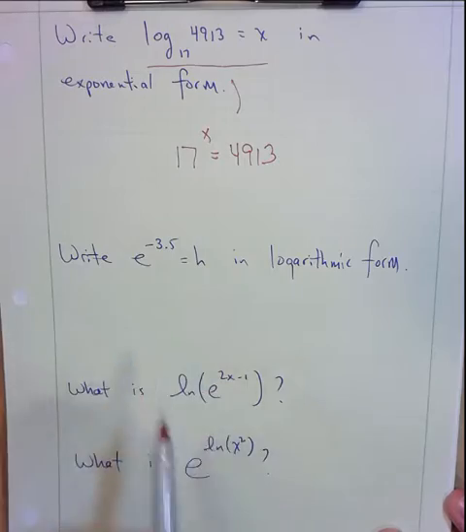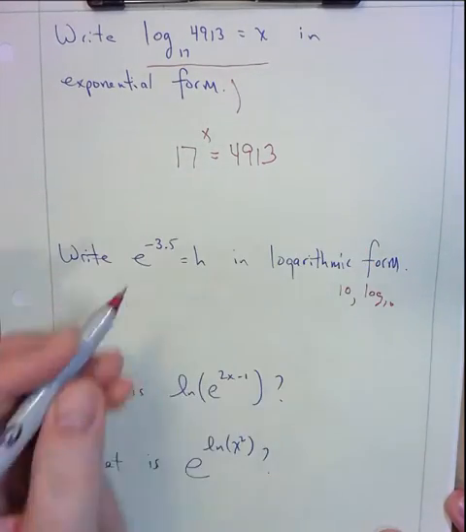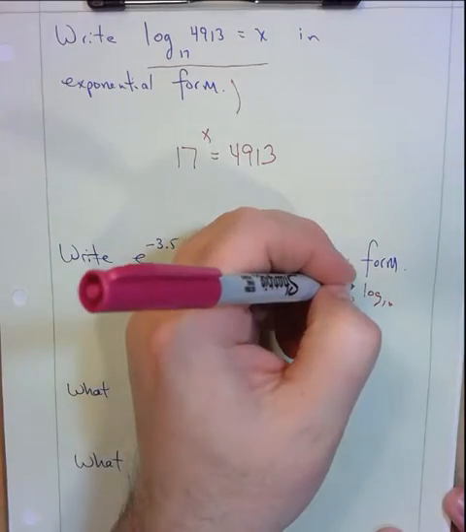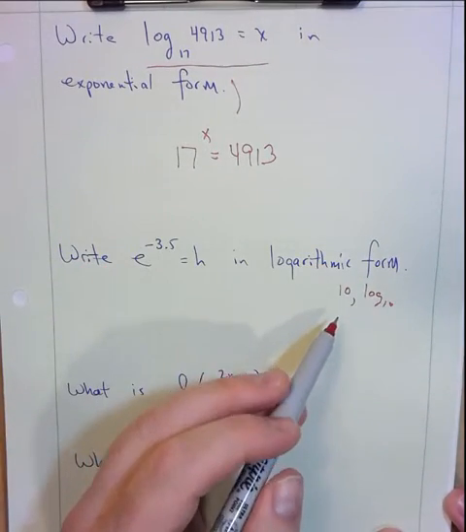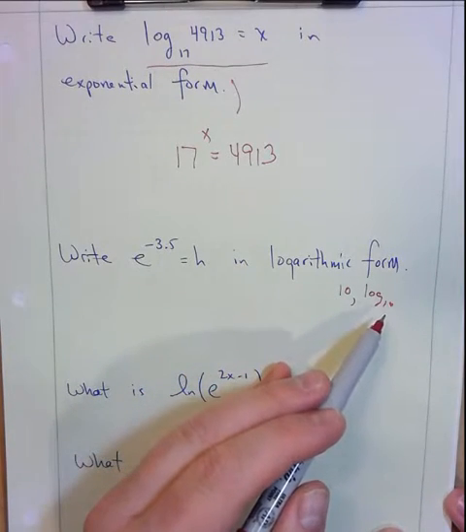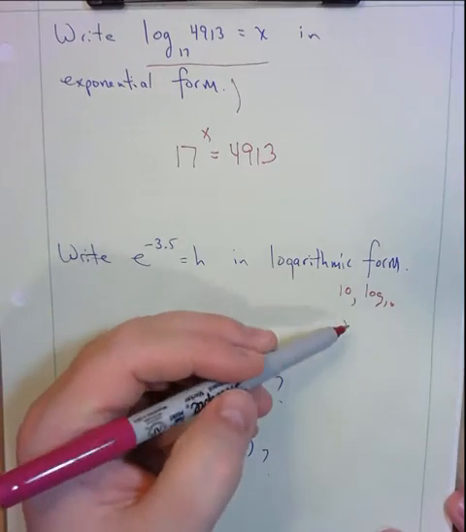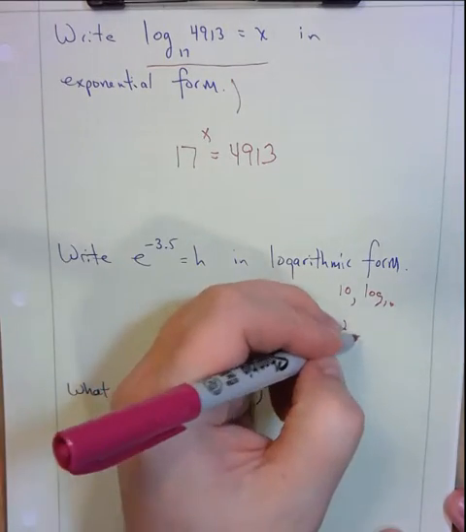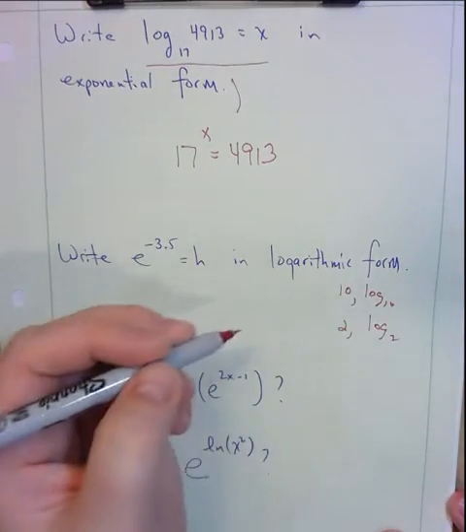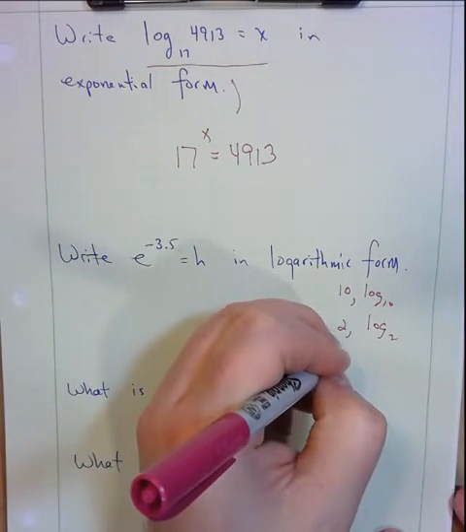Here's the quick story. We've got some very common bases that we use for exponents. It's very common to raise 10 to a power, and its corresponding logarithm is log base 10. It's very common to use 2 as a power, 2 squared, 2 cubed, and so log base 2 is its partner. And there's what's called a transcendental number e.